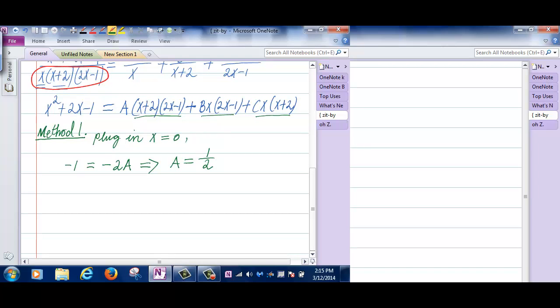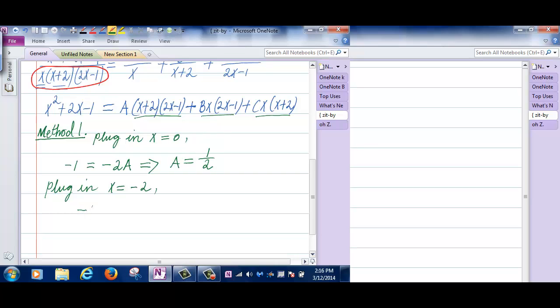All right, my goal now is to solve for b. So what should I plug in? Very good. So plug in x equals negative 2. And if I do that, on the left-hand side, can someone tell me what you get when you plug in negative 2?